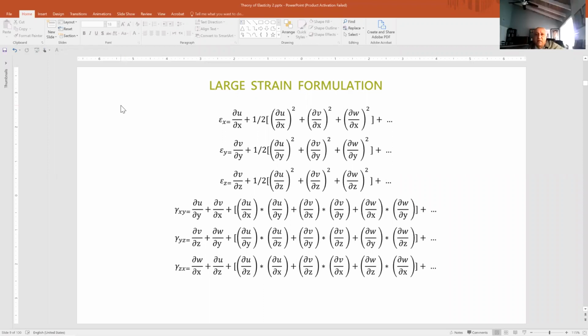No, if it is a small displacement, first of all, we are not talking of displacement, we are talking of strain. If it's small strain, the large strain formulation should give you the correct answer. But it should take longer, for example, because the system becomes nonlinear.